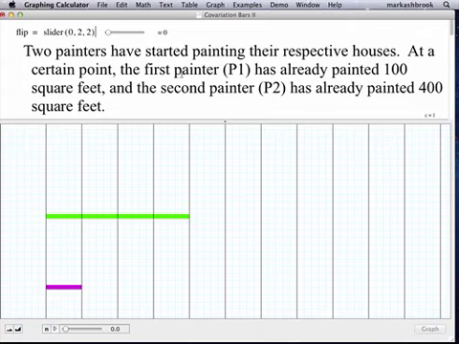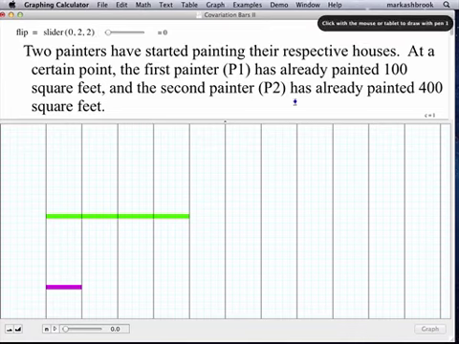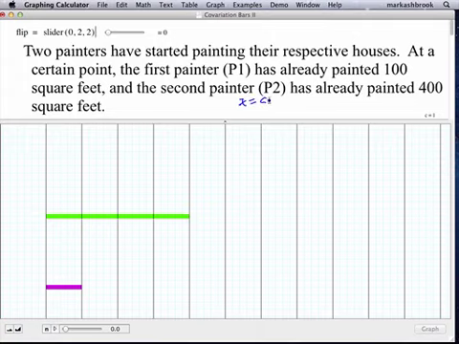So we want to define some variables x and y here. Let x be the area painted by painter 1 in square feet.